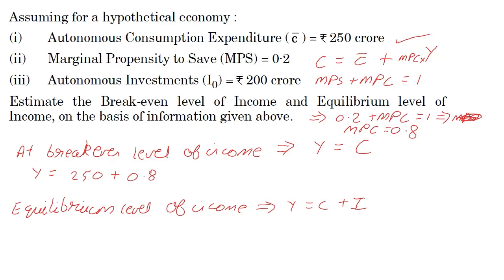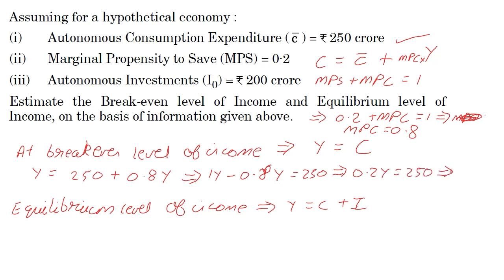So 0.8 times Y, and then we solve further. Y over here is addition, goes to that side, it becomes subtraction. Keep in mind this is as good as 1Y. So basically it is 1Y minus 0.8Y is equal to 250, and then going forward, 0.2Y is equal to 250.